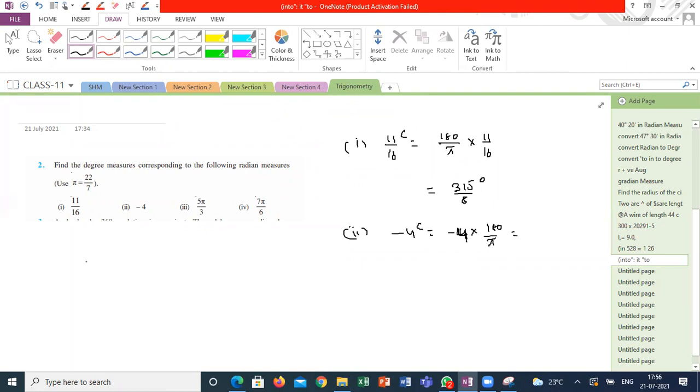Students, what is the second one answer? Guys, what is the answer for second one?